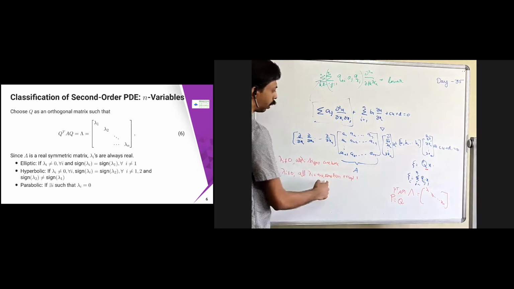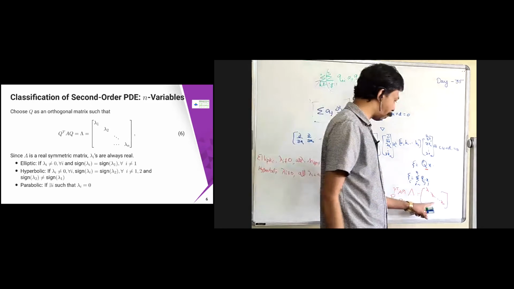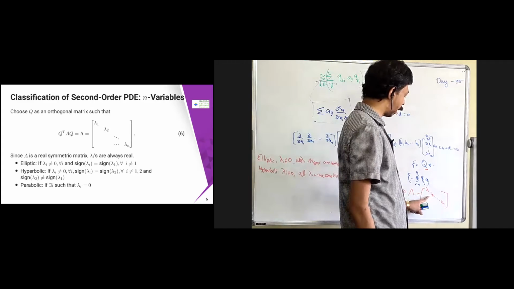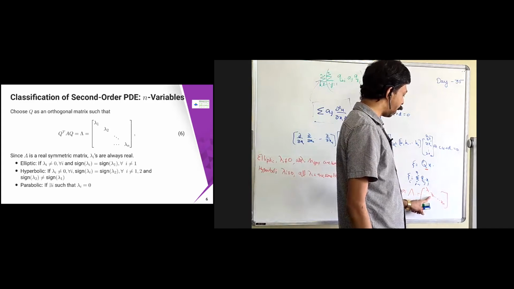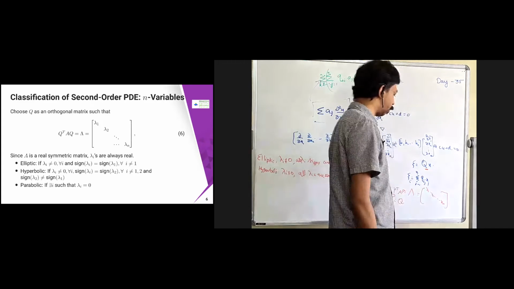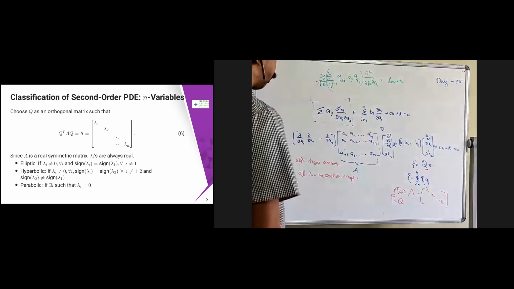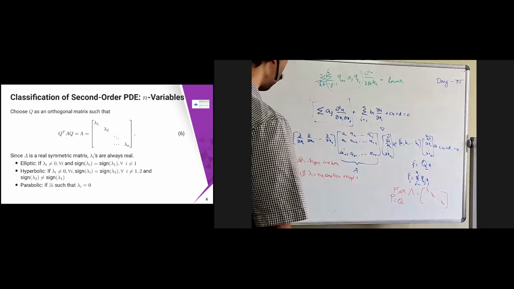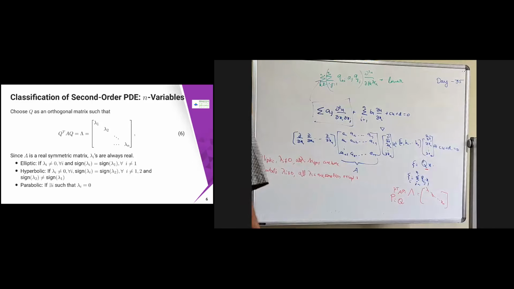So if lambda 1 up to lambda n minus 1 are positive, then lambda n should be negative. Or lambda 1 is positive, then lambda 2 up to lambda n should be negative. So only one should be opposite of all the remaining ones. In that case, we call this hyperbolic.